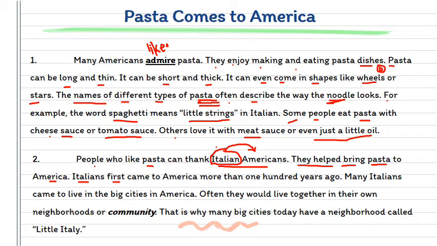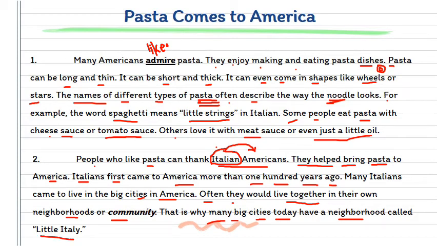Italians first came to America more than 100 years ago. This is a long time. Many Italians came to live in the big cities in America. Often they would live together in their own neighborhoods or community. That is why many big cities today have a neighborhood called Little Italy.